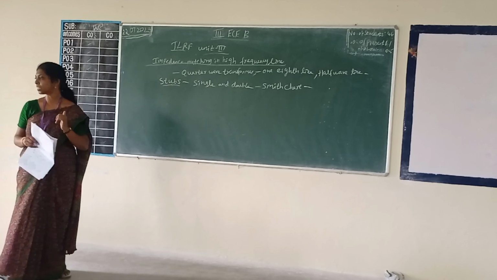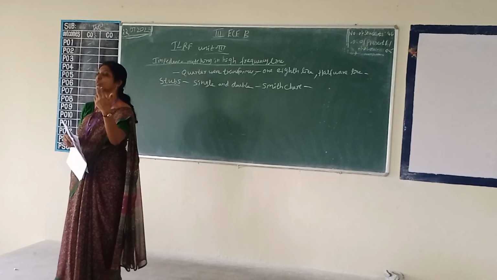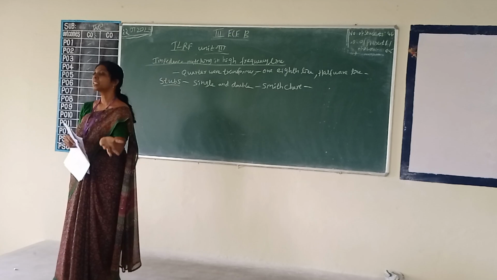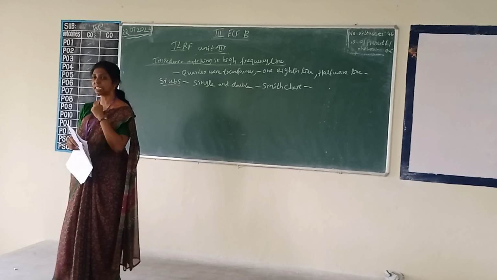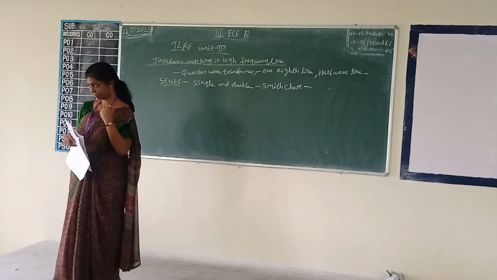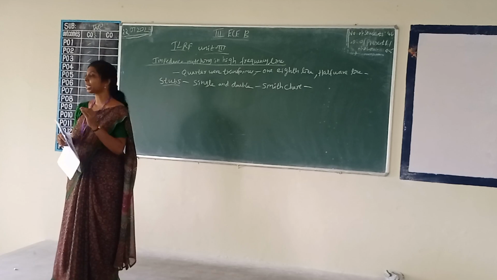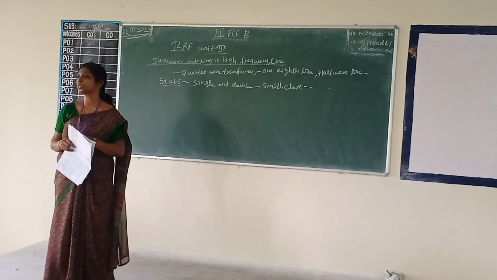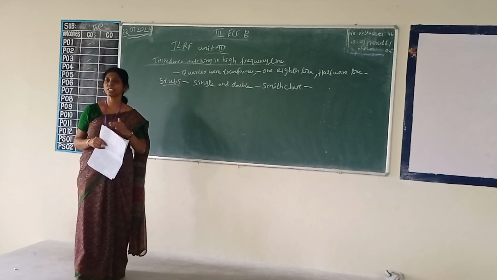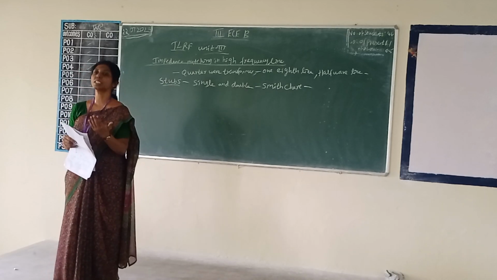All the others in this unit are small problems under the first one, wavelength and quarter wavelength. The remaining problems are solved using the Smith chart, including single and double stub matching. So half of the unit is Smith chart, half of the unit is the other part.